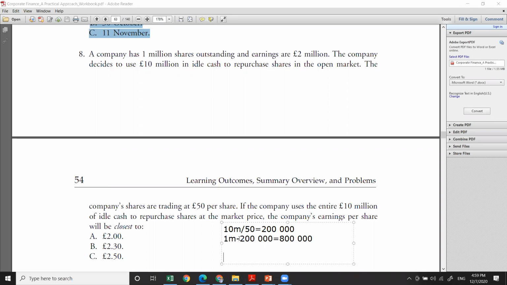This is what we know. And EPS before buyback will be the earnings, which is 2 million, divided by the number of shares, which is 1 million, so $2 per share.